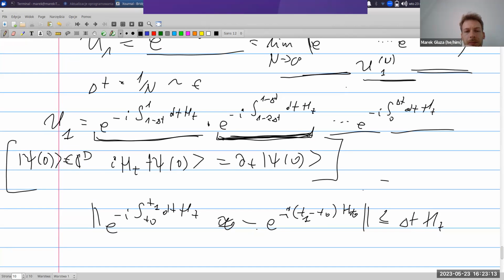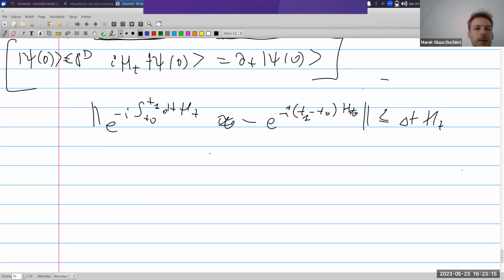I think I was doing this with some sort of integral, integrating dt, psi of t prime, from t0 until t.